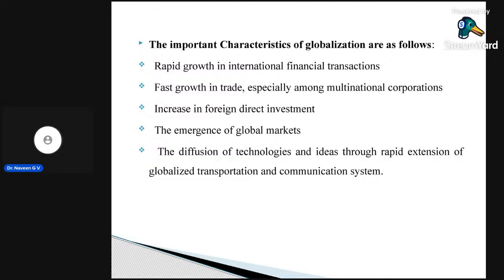The emergence of global markets, and then diffusion of technologies and ideas through rapid extension of transportation and communication systems. When comparing one country to another, they have their own technologies, whether related to farmers or industries or any other things related to business. And ideas should also have rapid extension.